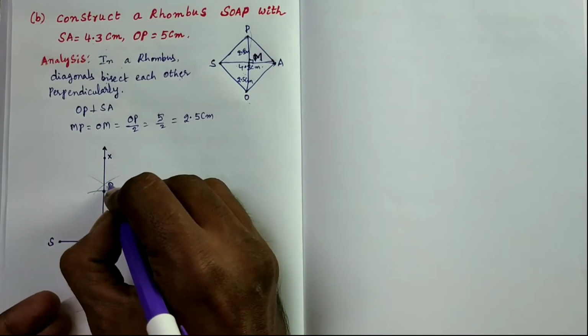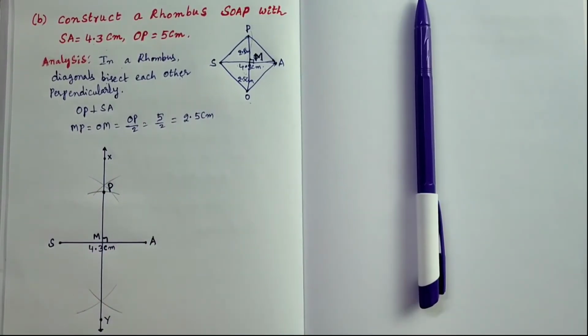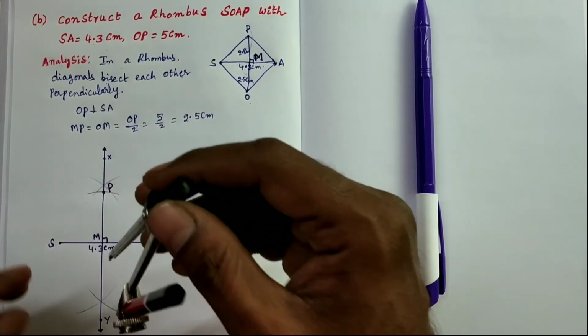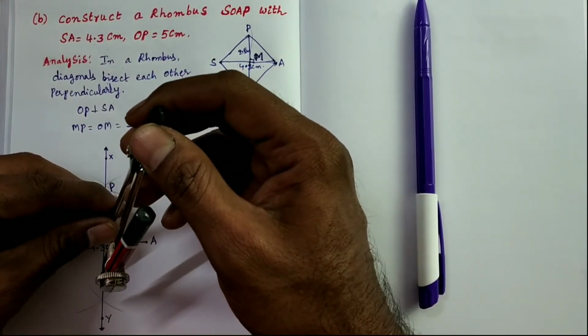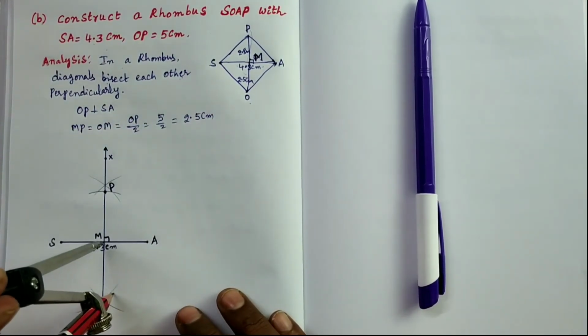P. Again take M as center. With this 2.5 centimeters, draw another arc.